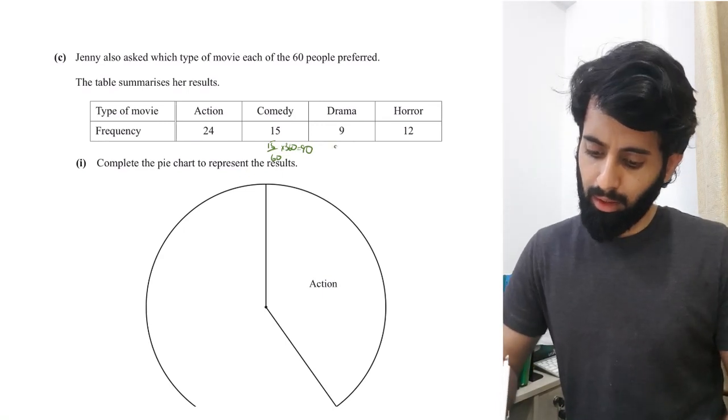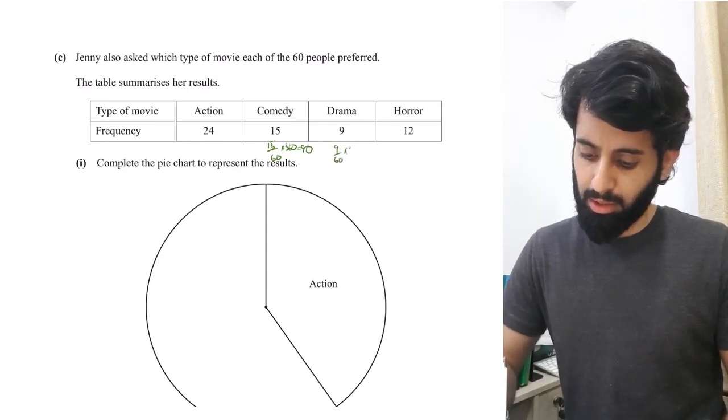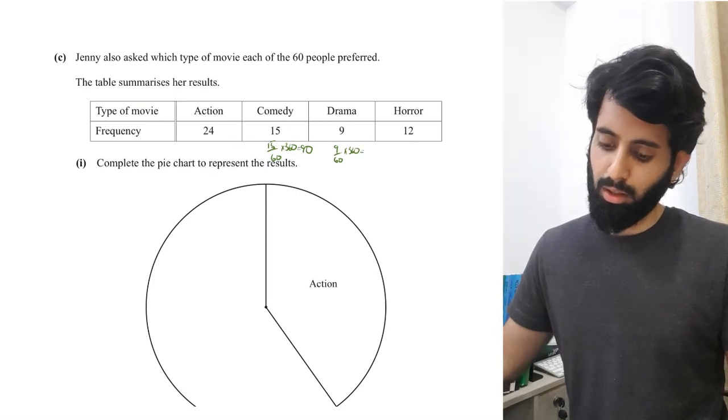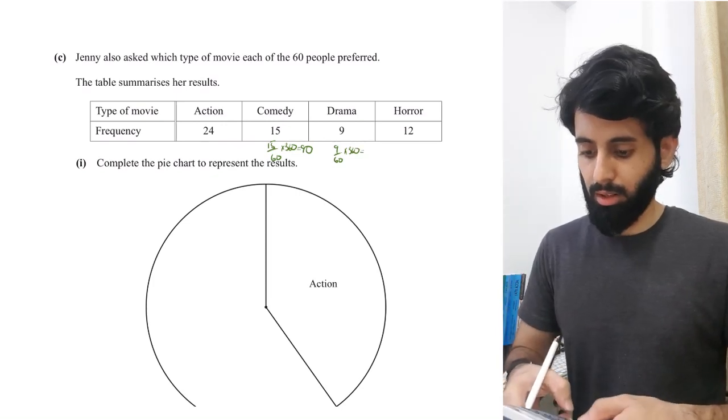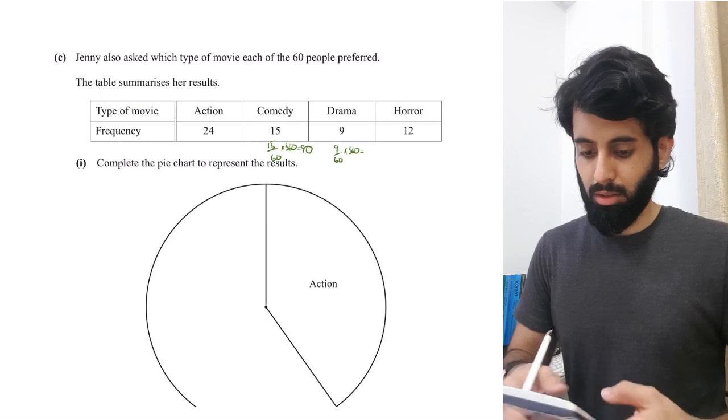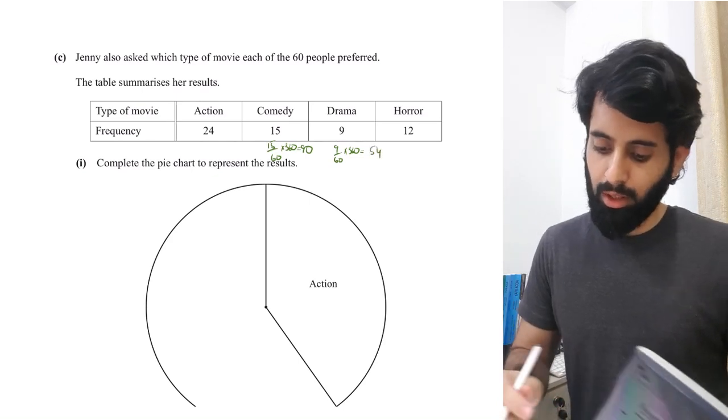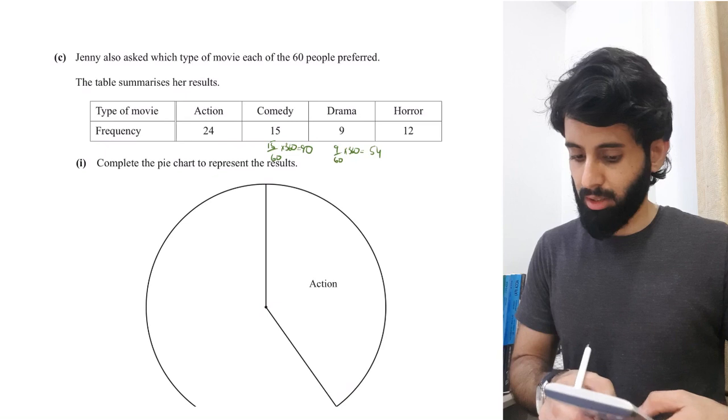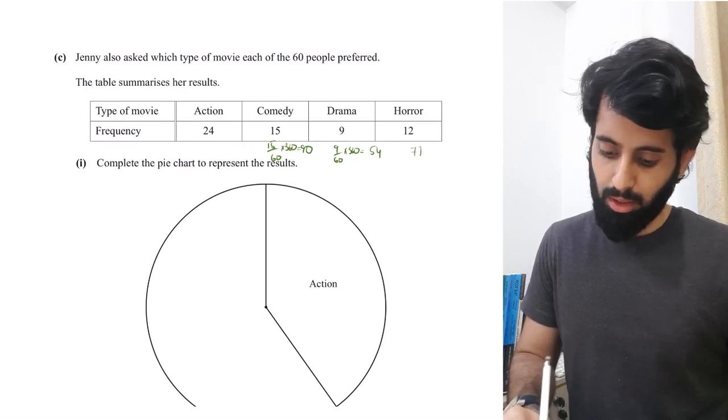Okay, and then I'm going to do the same for drama. 9 upon 60 times 360, so that's going to be, I can't do that mentally, 90 divided by 60 into 360, so that's equal to 54. Let's do the same for 12 divided by 60 into 360, so that's going to be equal to 72 degrees.